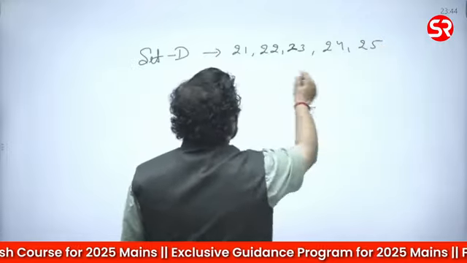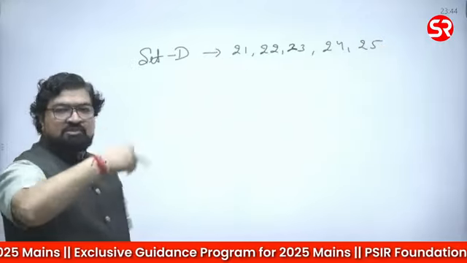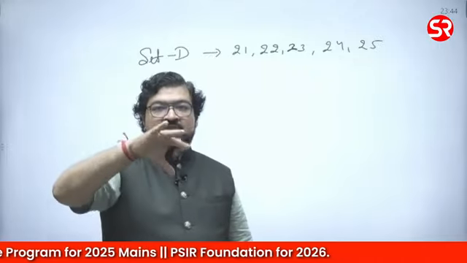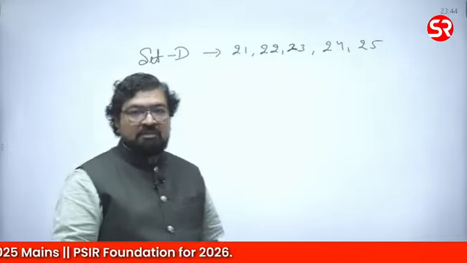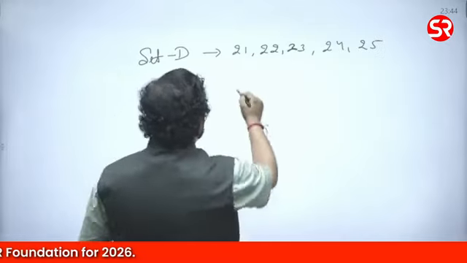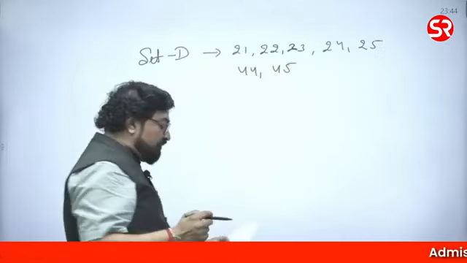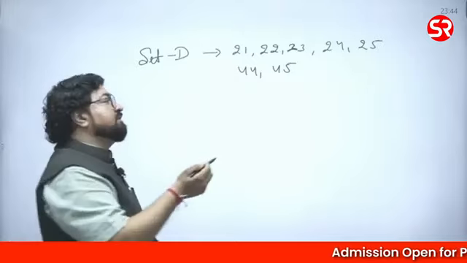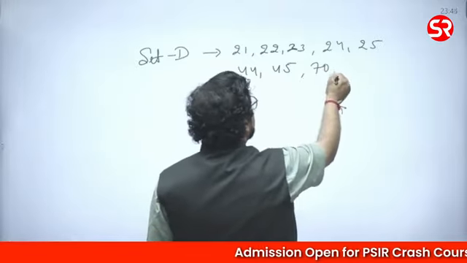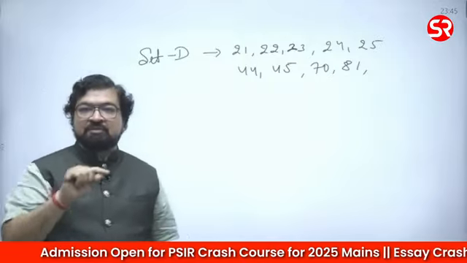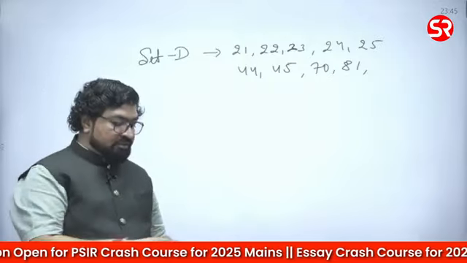So you have these 5 questions together. As you know, they come together, polity, history, geography in a chunk. Then comes question number 44 and 45, right? Then 70 and 81. These are random questions in between where science and technology questions have been there.